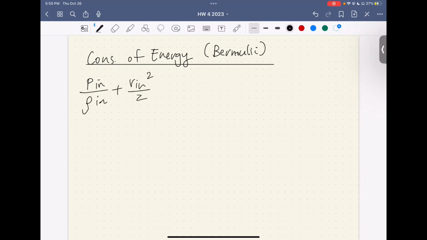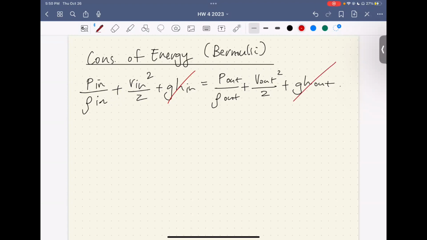Okay, let's make the same assumption that we're traveling along that same streamline, a horizontal streamline. And then we also have an incompressible rho, so rho is constant, so we're going to write that.